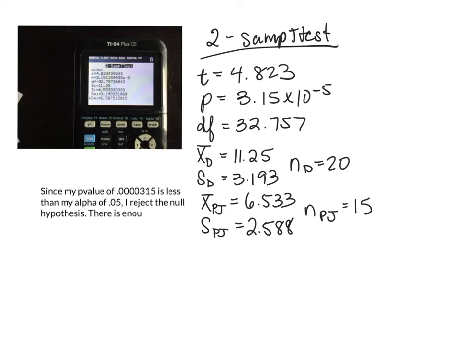There is enough evidence to convince me there is a difference in mean saturated fat content of brand D and brand PJ pizza.